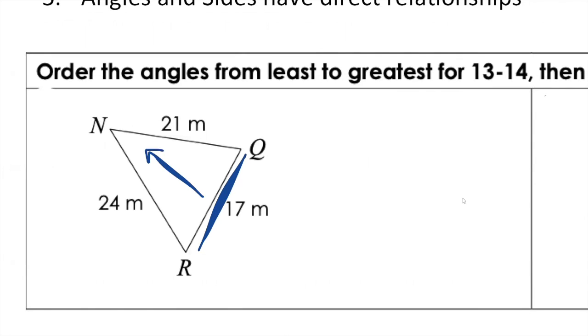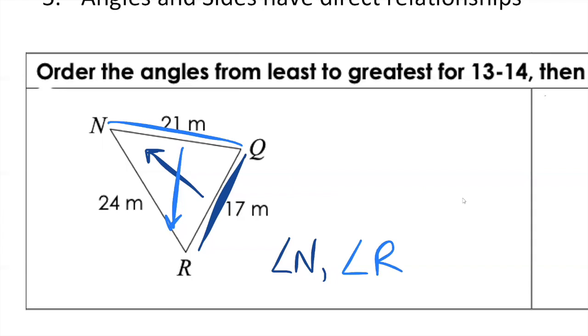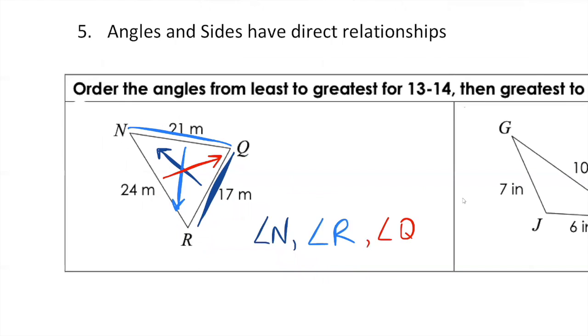Opposite of QR is angle N. Next smallest side is NQ. Opposite of NQ is angle R. And then our final side is 24, which is our longest side, which means it's opposite of our largest angle.